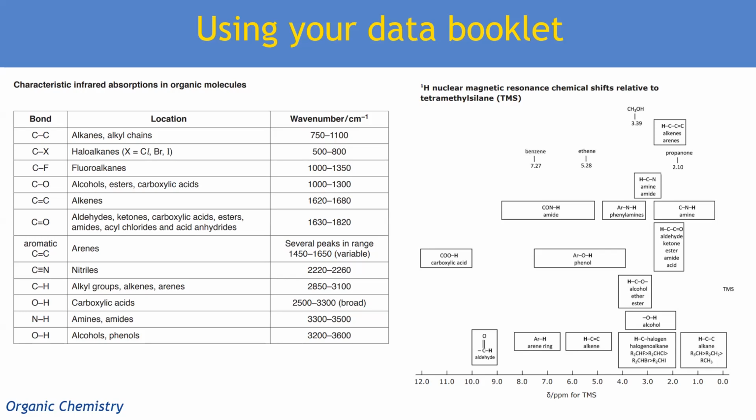So this is where your data booklet, depending on your exam board, can be super helpful. If you're doing Edexcel, you are the best winner because you have the most information in your data booklet. If you're doing OCR, you're probably second place. You've got quite a bit of information. If you're doing AQA, I'm sorry, they don't put quite as much in, but they do put a few clues.